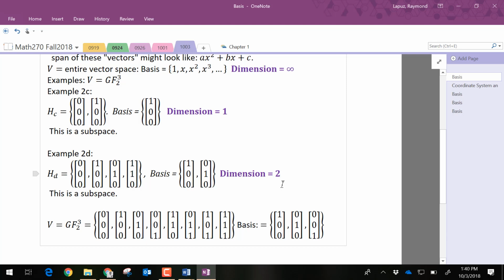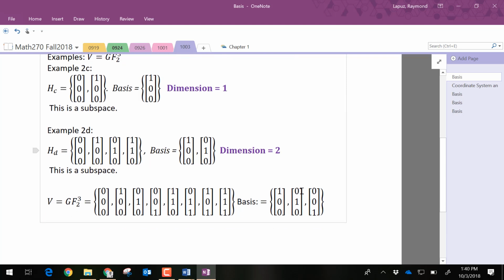Here's a two-dimensional vector space in GF23, and this one, GF23, is actually three-dimensional, which kind of makes sense because there's three components in each of these vectors. Right?